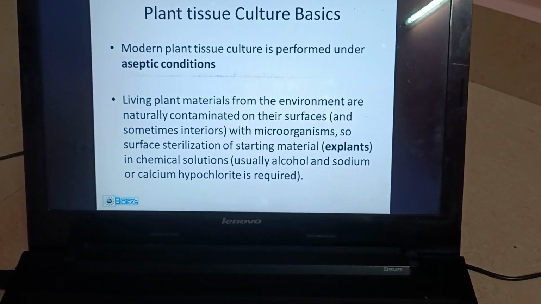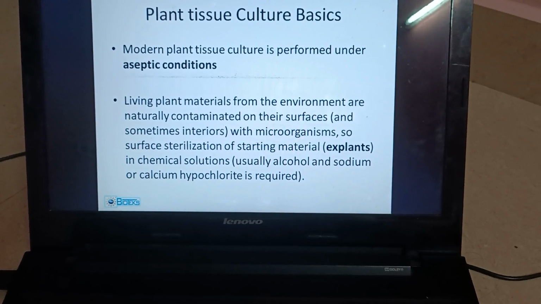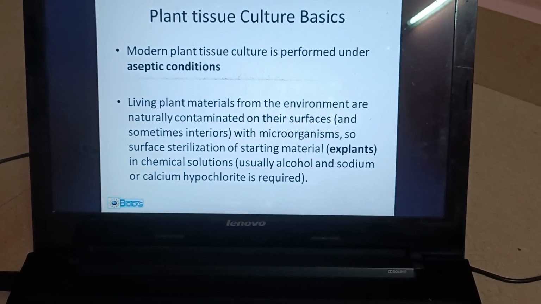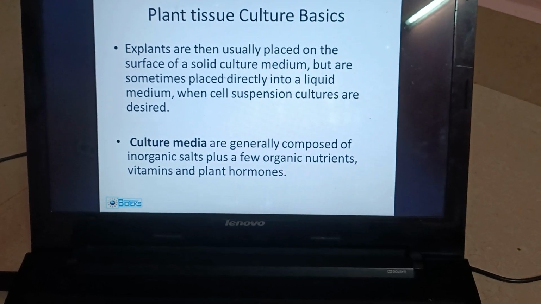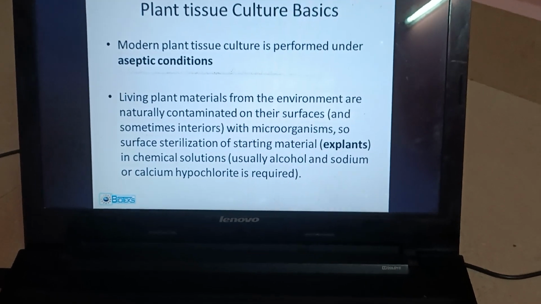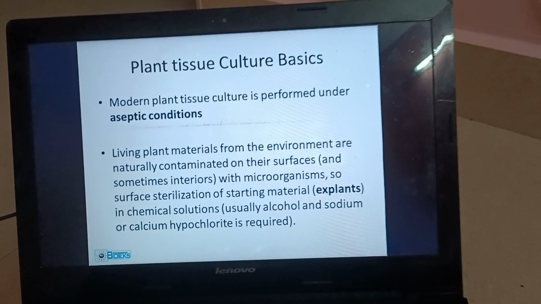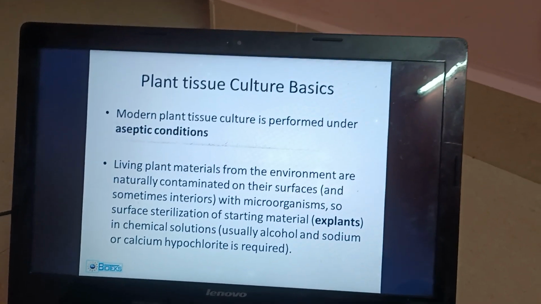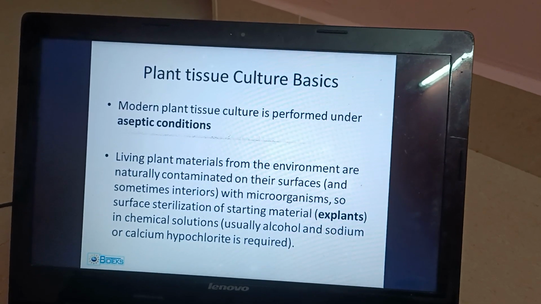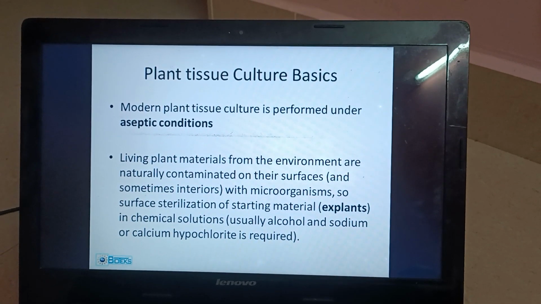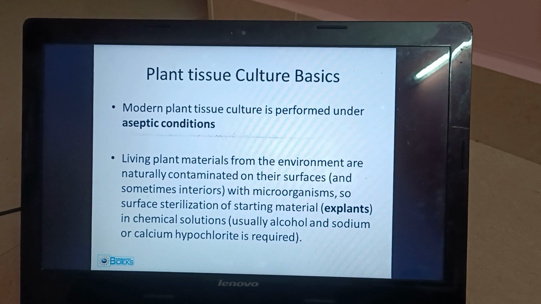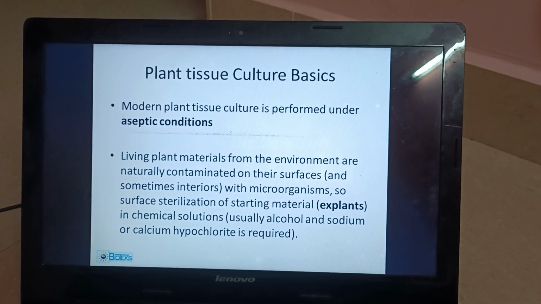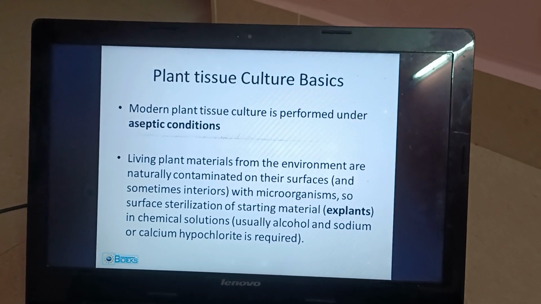In chemical solution, usually alcohol and sodium or calcium hypochlorite is used in a lab. So the first thing we should know in plant tissue culture is that everything should be under aseptic condition. The second thing is that the environment surface should be cleaned, and the explant should undergo surface sterilization using alcohol and sodium calcium hypochlorite.